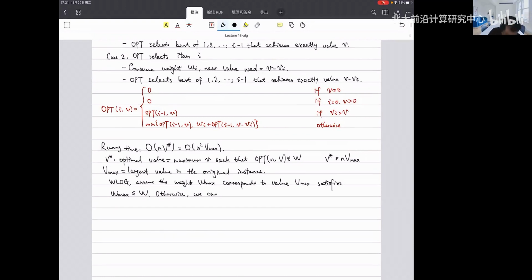In this case we never select this item, and can simply delete it. But as long as we are talking about V max, we assume it is selectable, meaning the weight of the item achieving V max is at most W. Is there any question up to here?